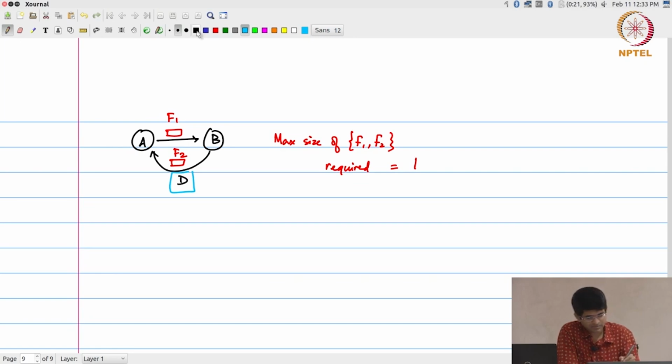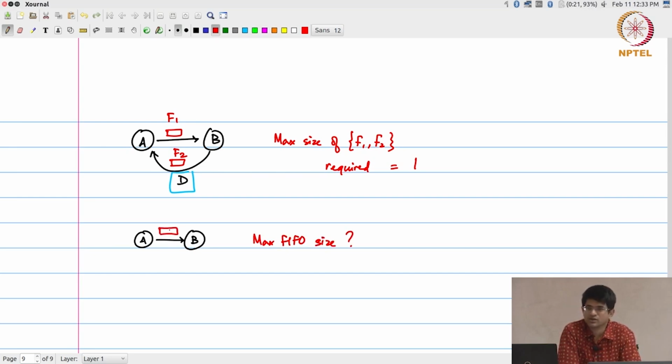But what about this? What should the max FIFO size on this link be? There is no bound, okay? There is no fundamental bound from the theory itself.